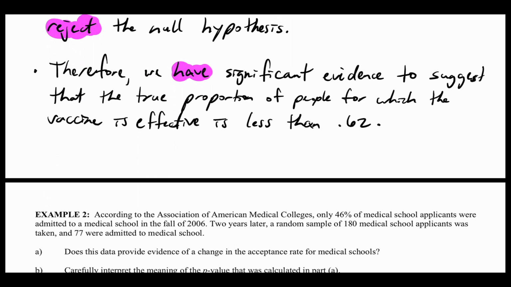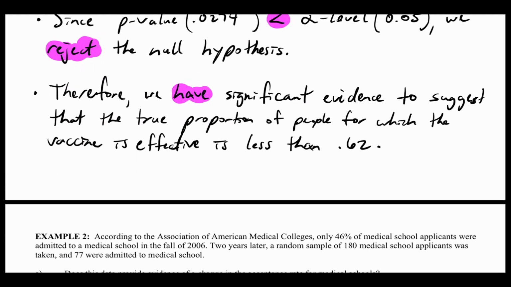In other words, it's less effective. Therefore, we have significant evidence to suggest that the true proportion of people for which the vaccine is effective is less than 0.62. And you're done.